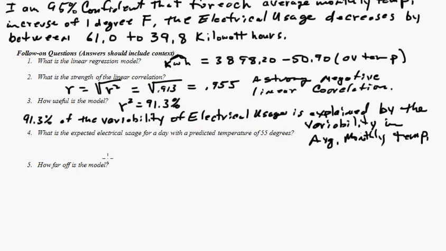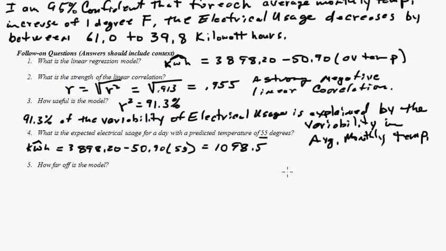Okay? So what's the expected value? Here we would just do it for an average monthly temperature of 55. So KWH is equal to 3898.20 minus 50.90 times 55, and I get 1098.5.